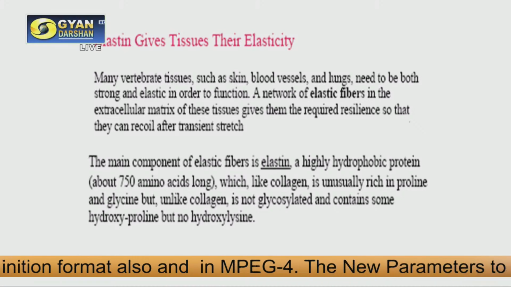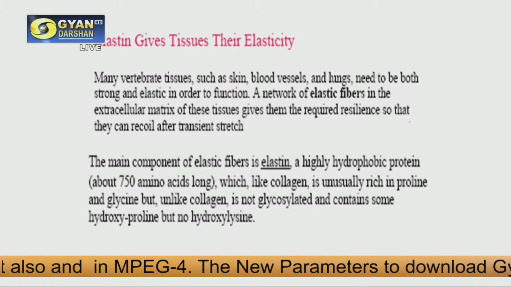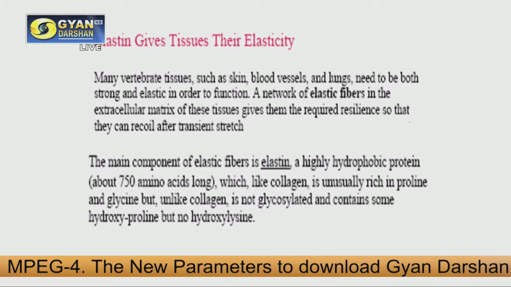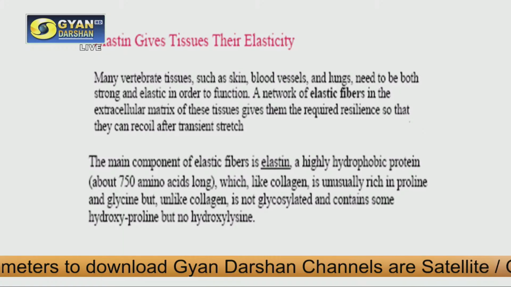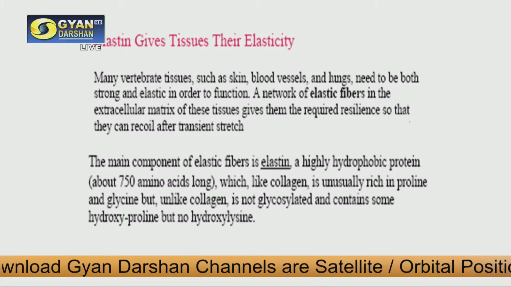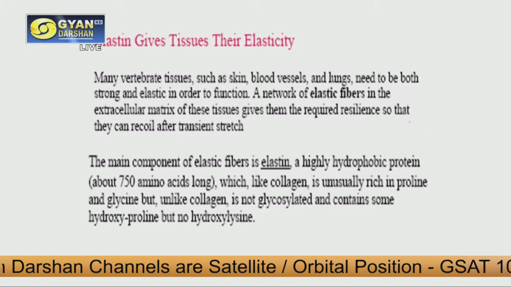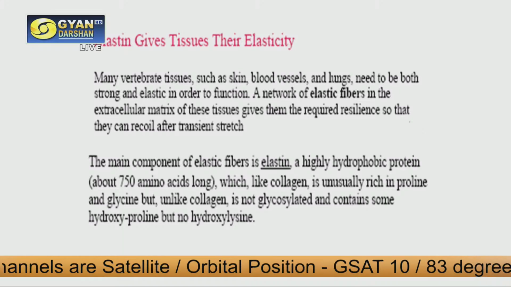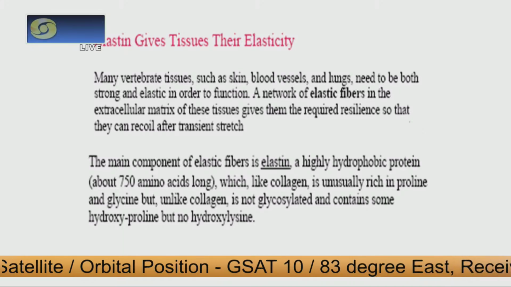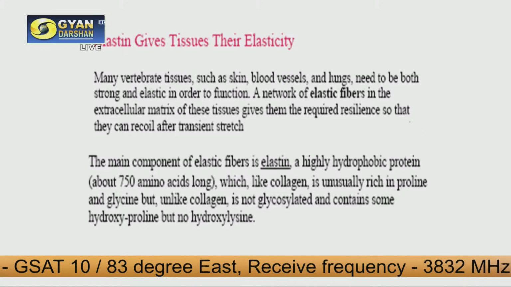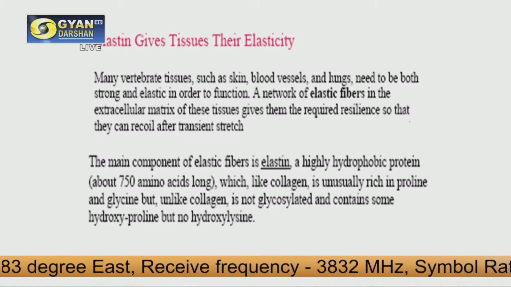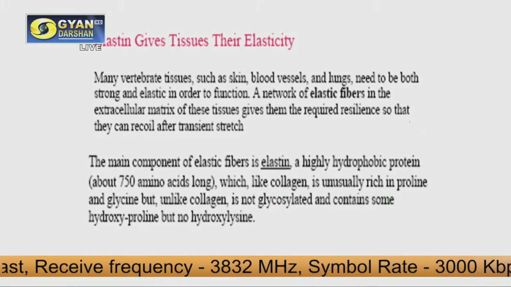Who will provide this elasticity? These elastin proteins. The main component of elastic fiber is elastin, a highly hydrophobic protein which, like collagen, is unusually rich in proline and glycine, but unlike collagen, it is not glycosylated and contains some hydroxyproline but no hydroxylysine.